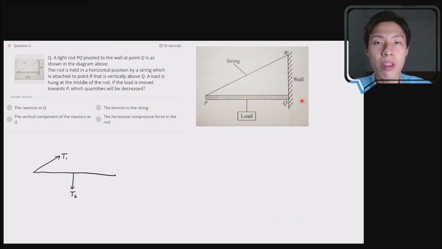So if it's a pivot structure or a hinge structure, what we do is we'll try to not look at the friction. We'll try to determine the reaction force instead. Because the reaction force is a combination of normal force, the force that is perpendicular to the surface, and the frictional force, the force that is parallel to the surface. Reaction force is a combination of both.